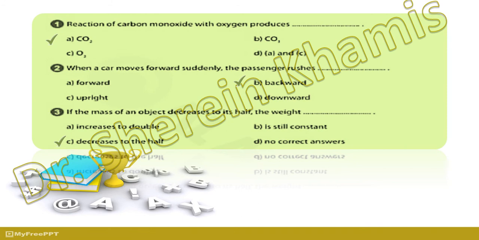Between them there is a constant value, the gravitational force. When the mass increases, the weight increases, and when the mass decreases, the weight also decreases. It's a direct relation between mass and weight.